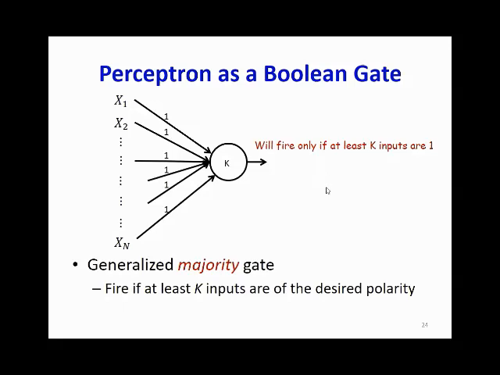So this is a generalized majority gate because now we can use this to count if the majority of inputs are 1. Now, if you want to construct the same Boolean logic using simple Boolean gates rather than threshold units, you will need an exponentially sized circuit to compose this majority gate, but you can do it with a single perceptron.